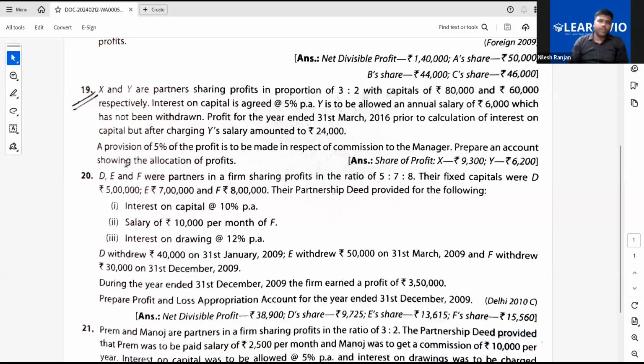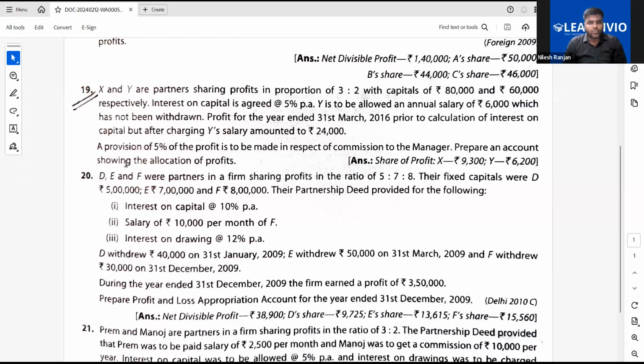You can see question number 19. In this question, we are going to pass journal entry. It is a little bit difficult than the previous question, but not an issue. X and Y are partners sharing profit in proportion of 3:2 with capital of 80,000 and 60,000 respectively. Interest on capital is agreed at the rate 5% per annum.